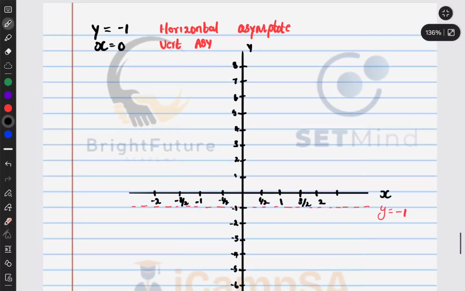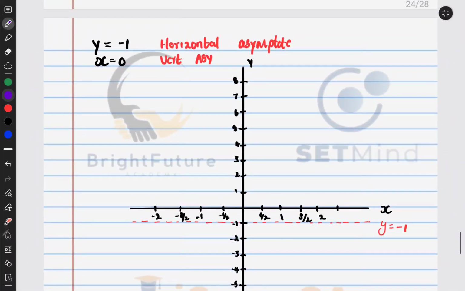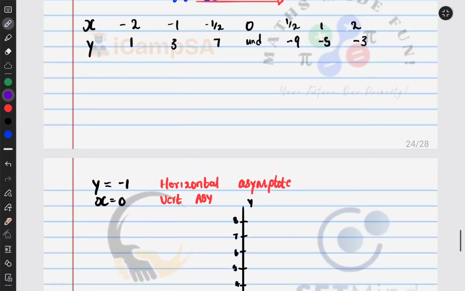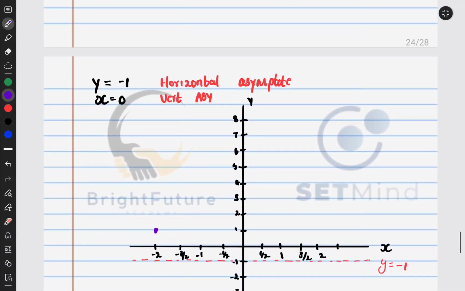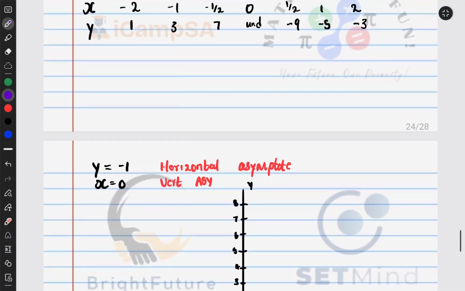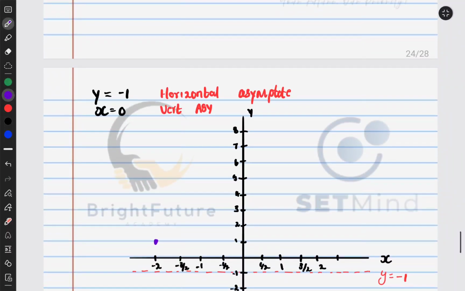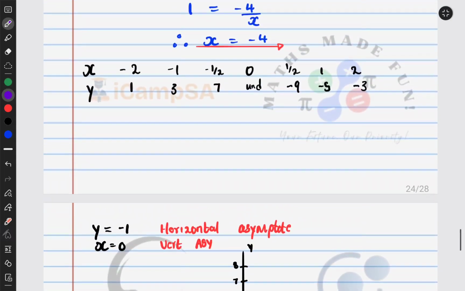We have negative 2 and 1 here. Then we have negative 1 and 3 here.